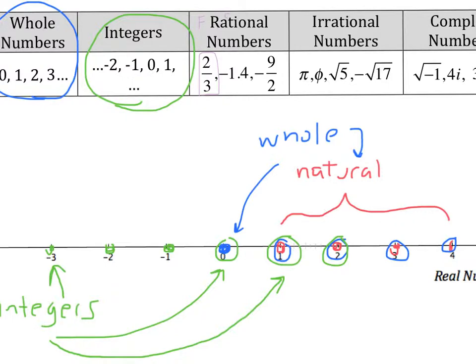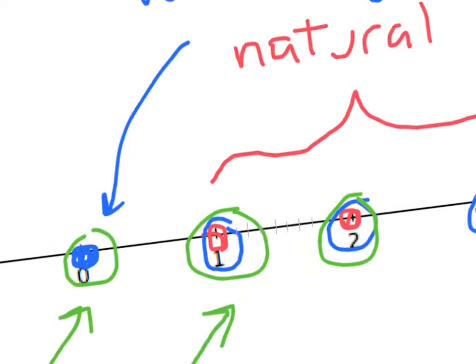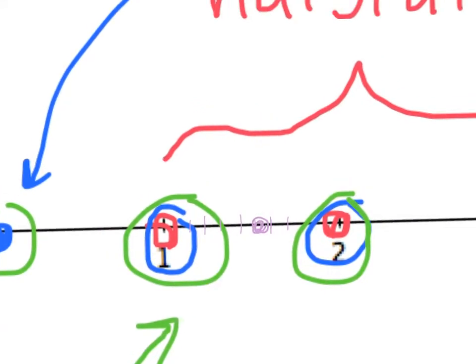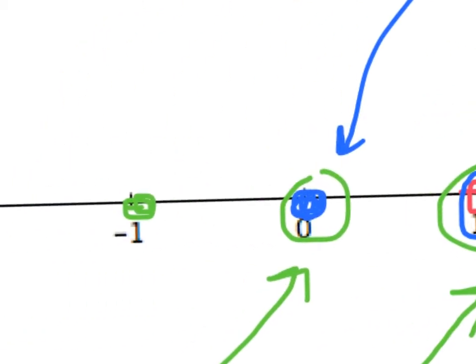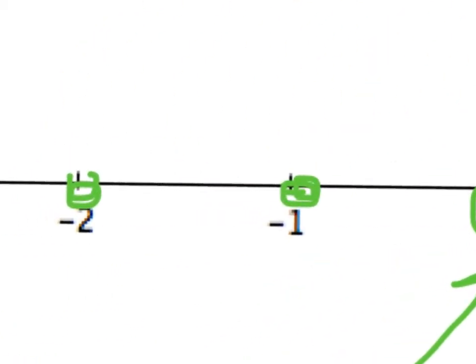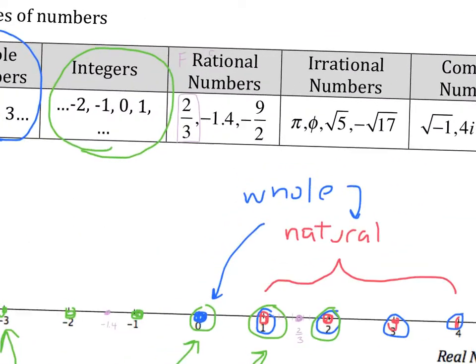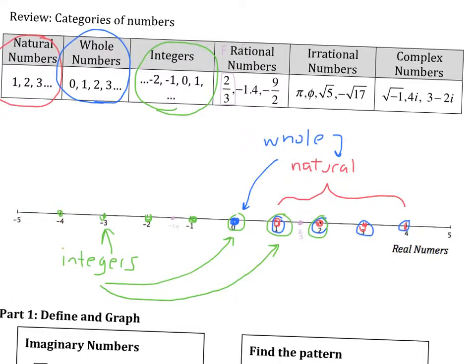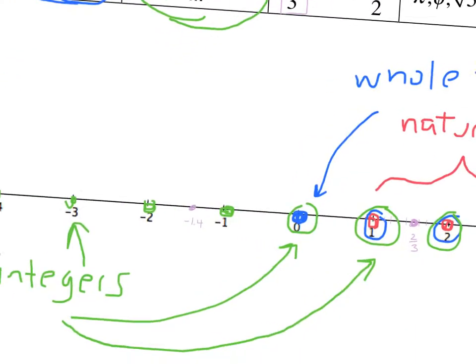So let's graph a few of these. 2/3 is going to be somewhere about here. And negative 1.4 is going to be here, almost halfway there, etc. So these are all, my friends, rational numbers.